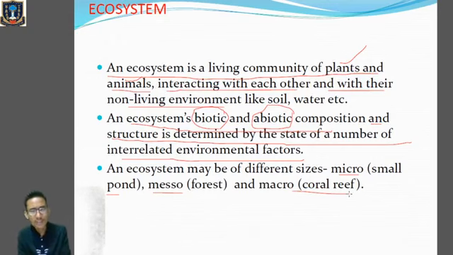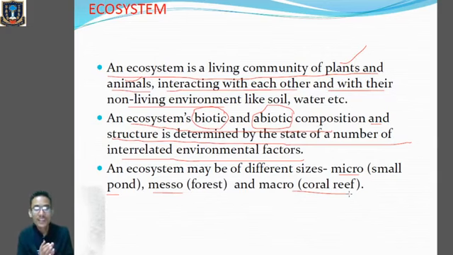That means almost all ecosystems are being interrupted by human beings. Though they are natural ecosystems, nowadays we find lots of artificial ecosystems also. Clear?